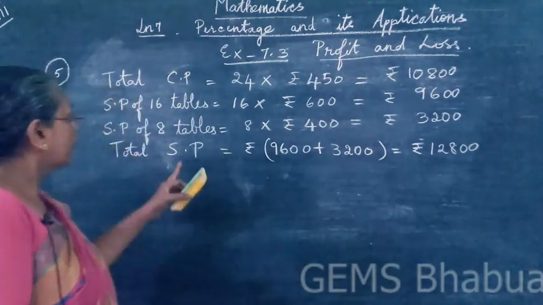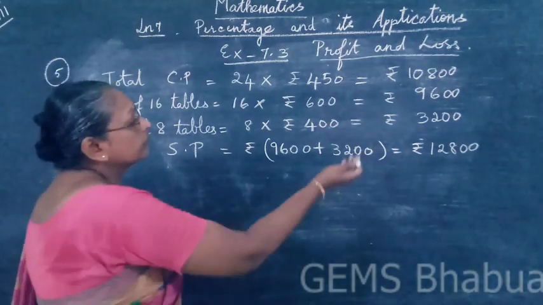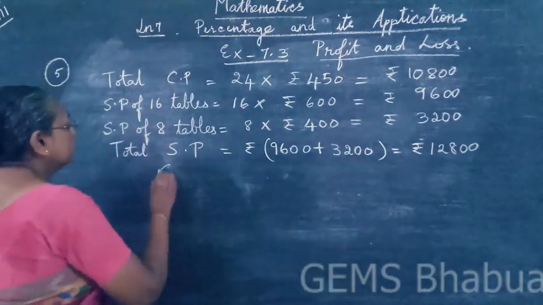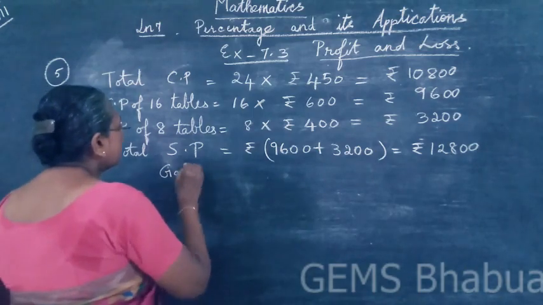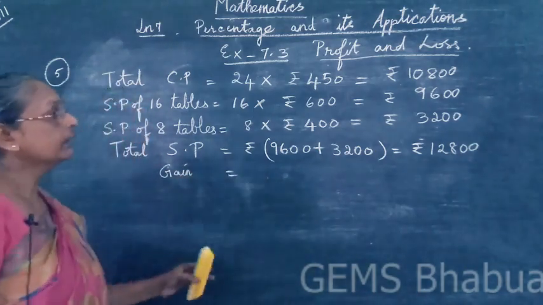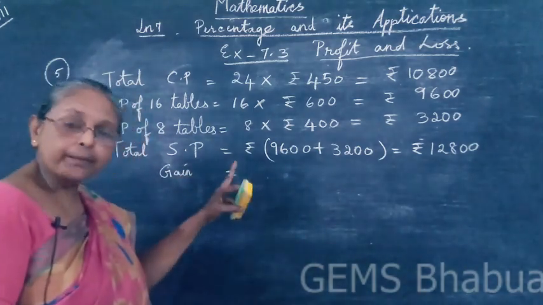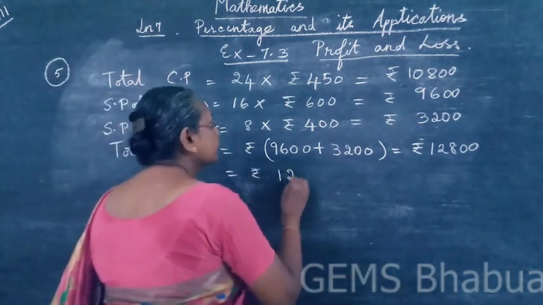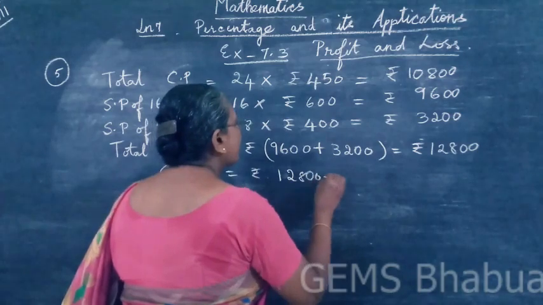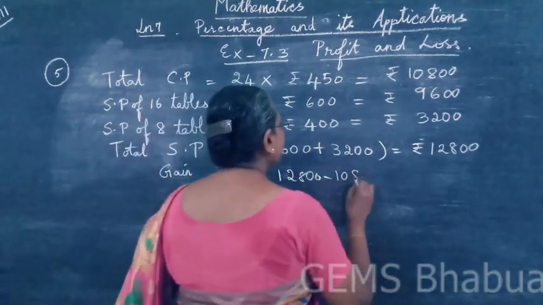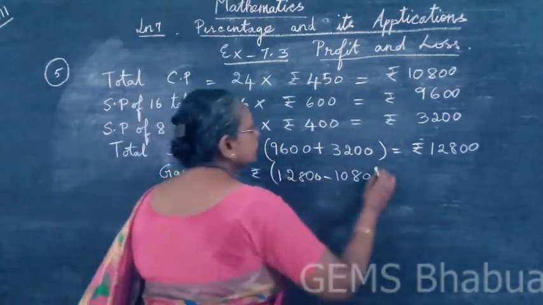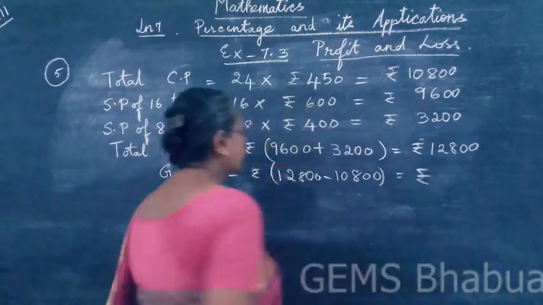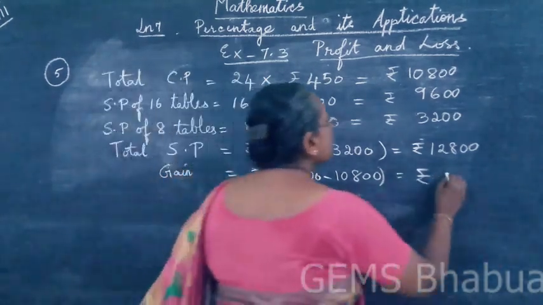So when it is a gain, we can find out the gain using the formula. What is the formula? Gain is equal to SP minus CP. Therefore, it is rupees 12,800 minus 10,800, which, when you subtract, you get rupees 2,000.